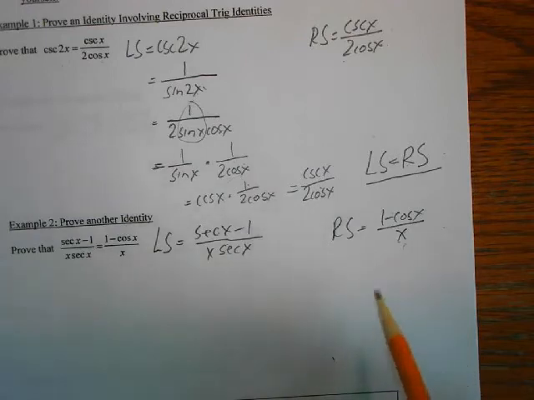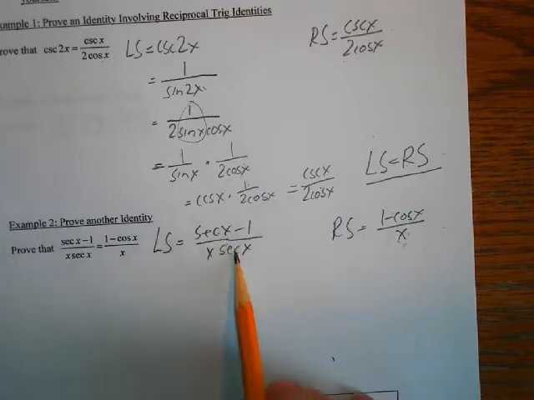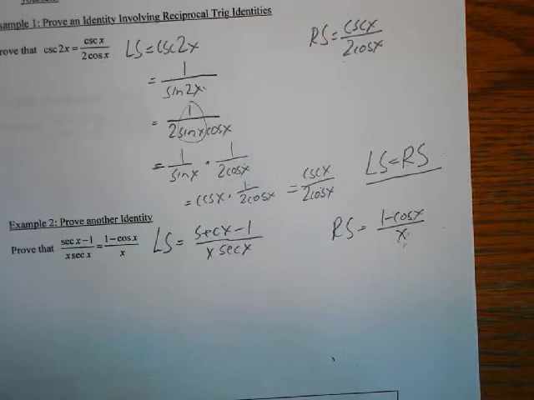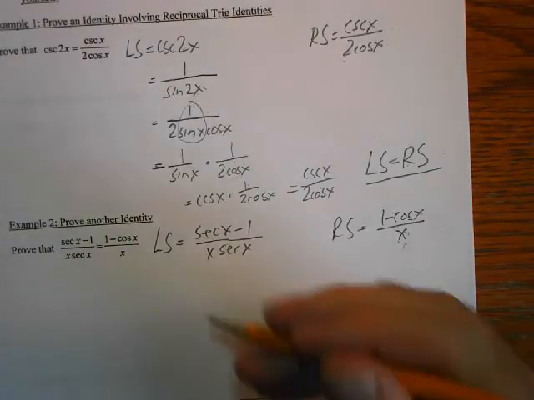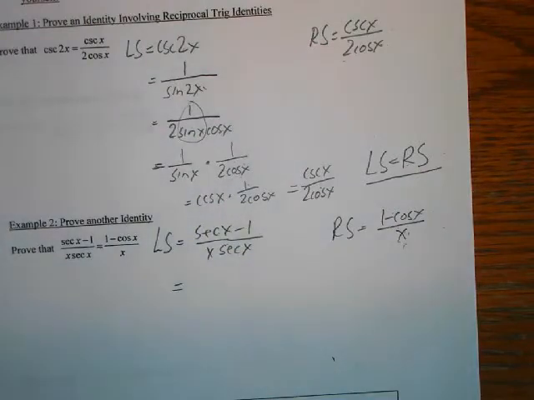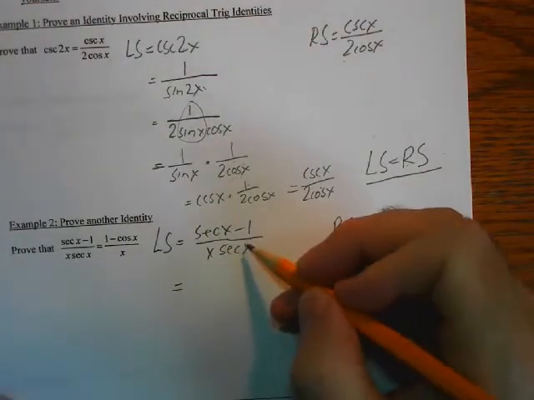I'm saying I've got an x on both denominators. If I want to try to turn this into this, it means I'm going to have to get rid of secant x.